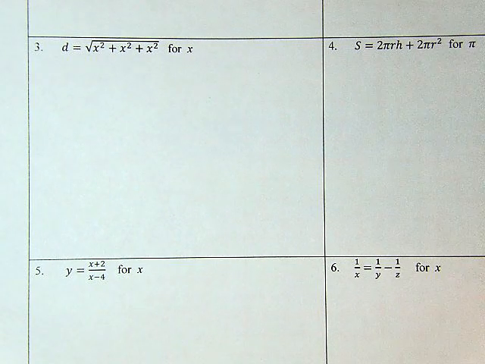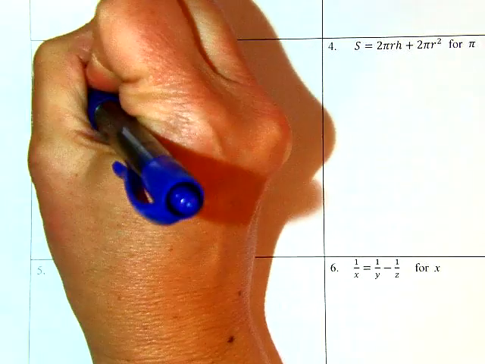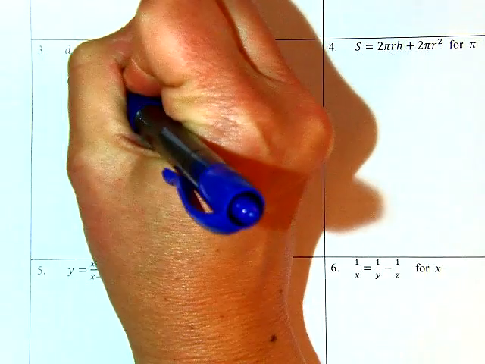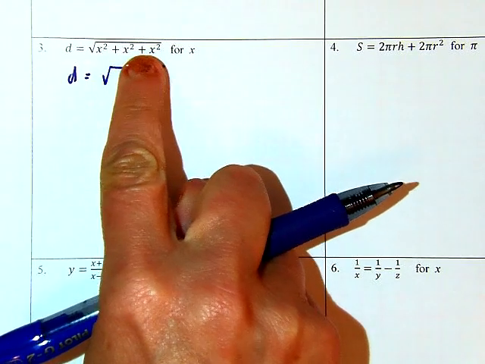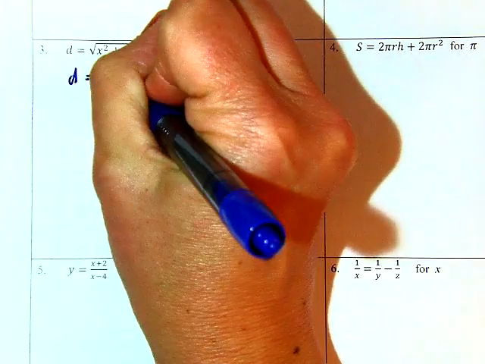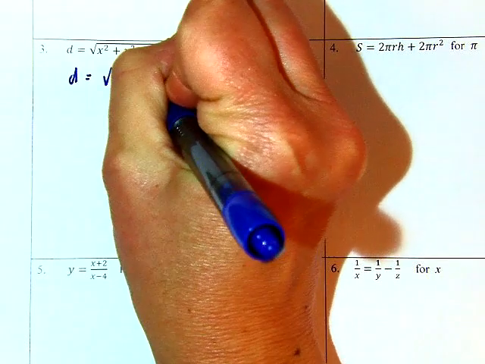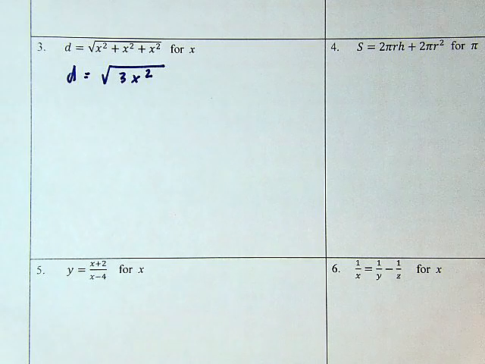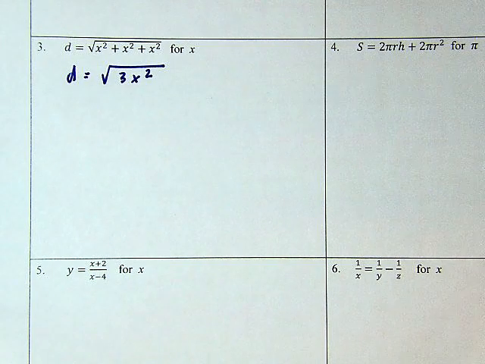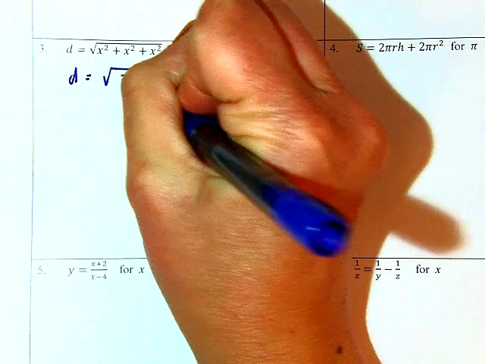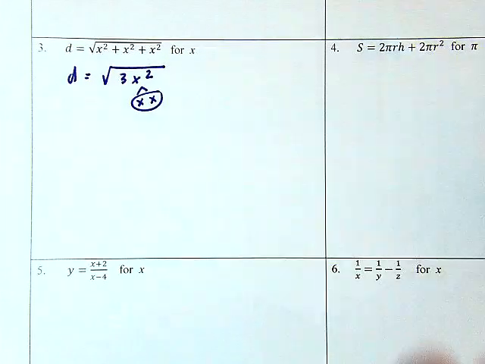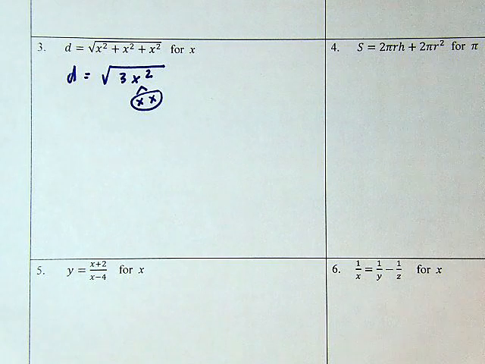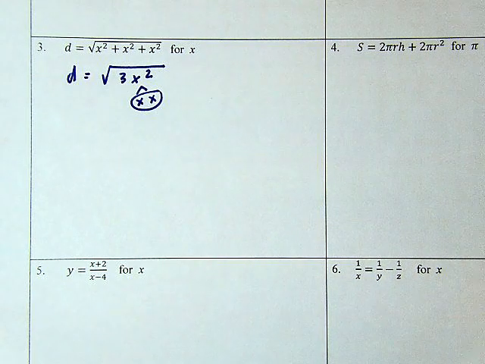So here I'm going to first just consolidate. The diagonal would equal the big square root of x squared plus x squared plus x squared. I really have 3x squared. I know that when I have a radical and I have a pair underneath, I can scoop up that pair and write one on the outside that represents the pair that's underneath.